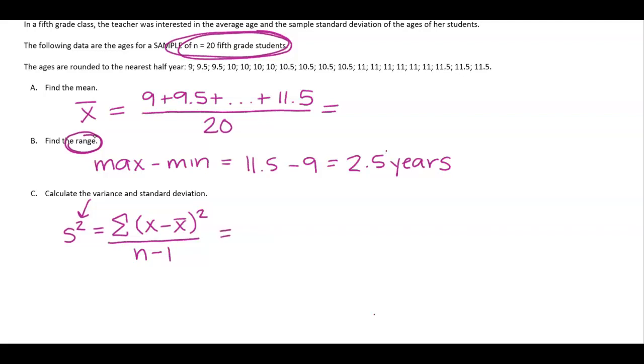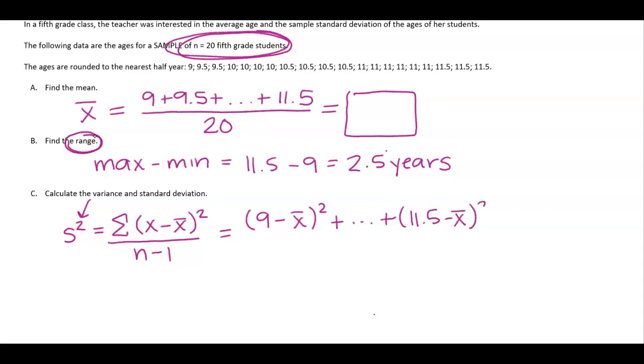For example here, that would be 9 minus whatever we find the mean to be here in just a second. So I'm just going to write that as (9 minus x bar) squared plus all the way up to (11.5 minus x bar) squared, all over 19.